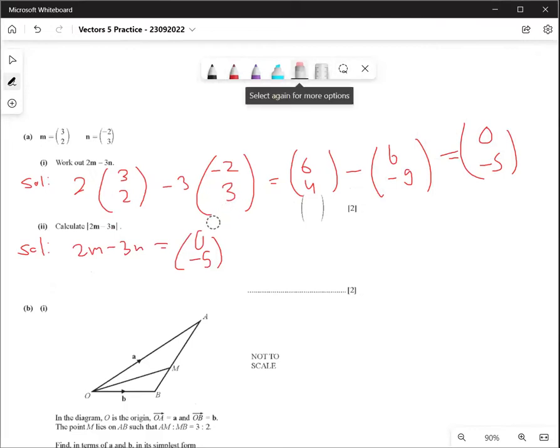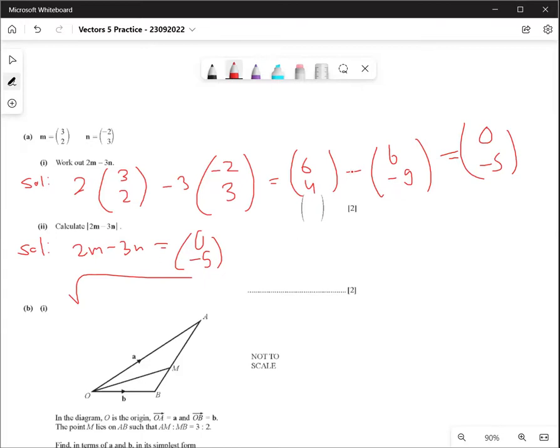I think there's a mistake here. Isn't it like the absolute value? Yes, it is. You just got the positive number. Give me a second. 2m minus 3n, 2 times 6, 4, minus 3 times minus 2.